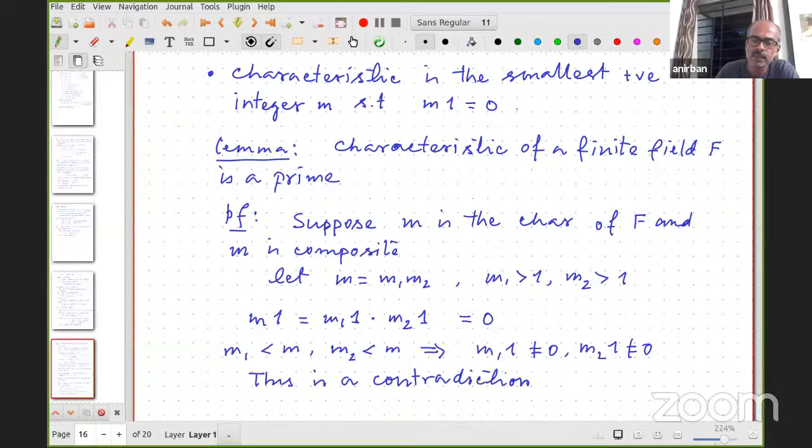Contradiction as F is a field. So you cannot decompose the characteristic non-trivially; it cannot be composite. It has to be prime. So every finite field has prime characteristic.